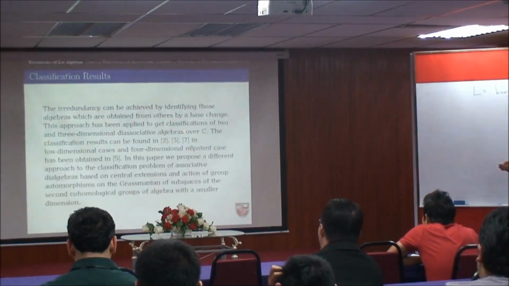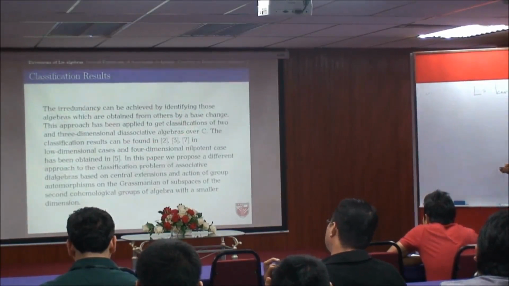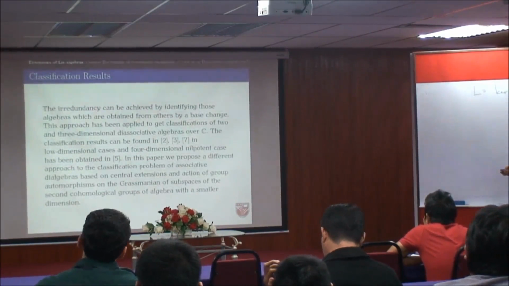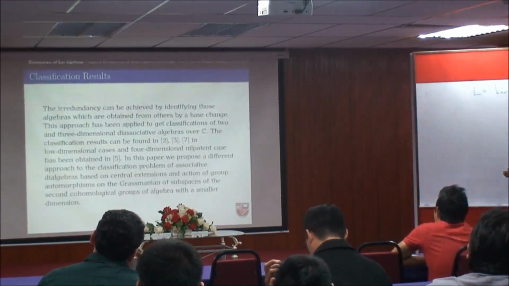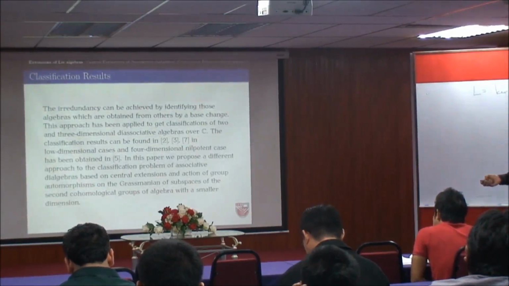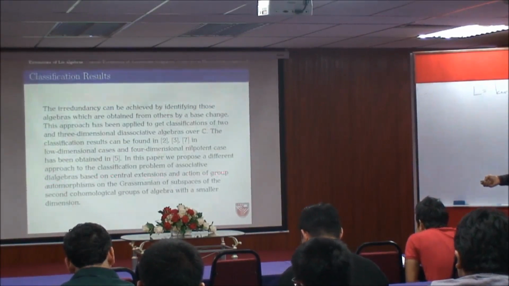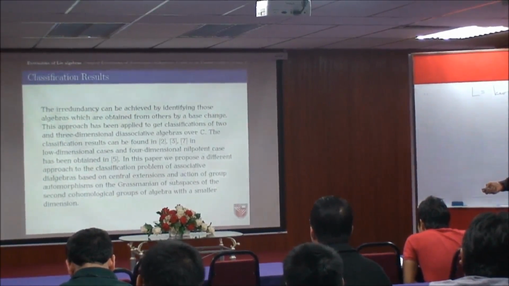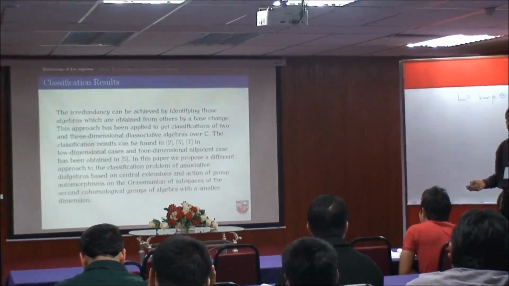Okay? I gave here some references where that naive method has been used. The method which I will use is the action of the automorphism group of the lower dimensional algebra on the second cohomology group.